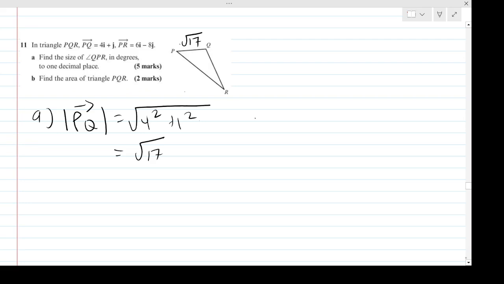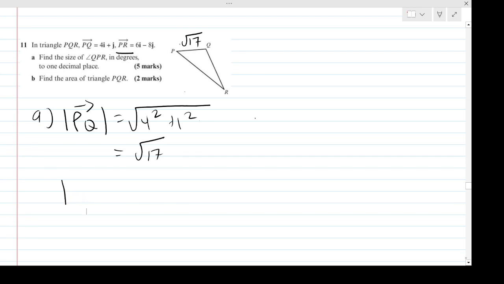And actually that is the length of the vector PQ, which is this side PQ. So basically we can use vectors to also work with shapes to find lengths and areas and so forth by literally just finding the length of the vector. The length of the vector gives me the length of the side of the shape it's on. We can do the same thing for PR.